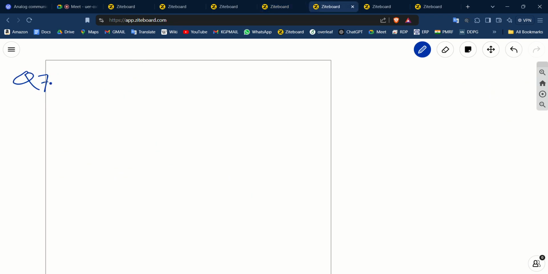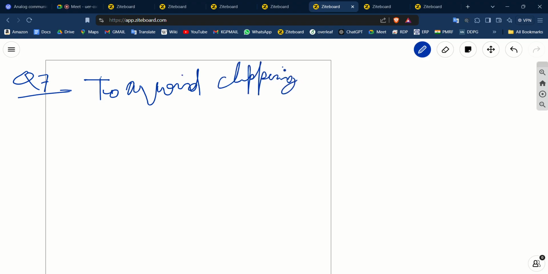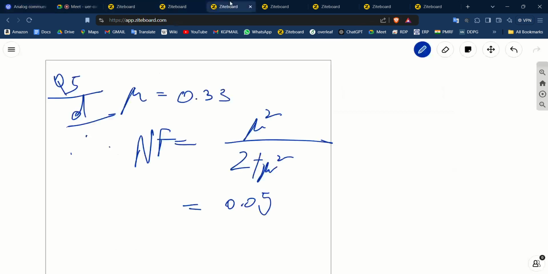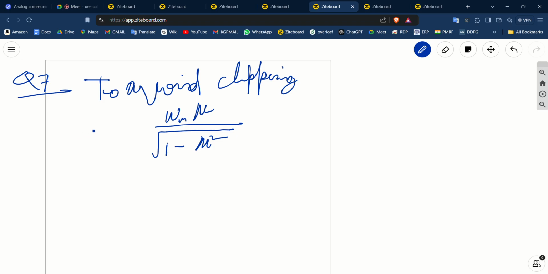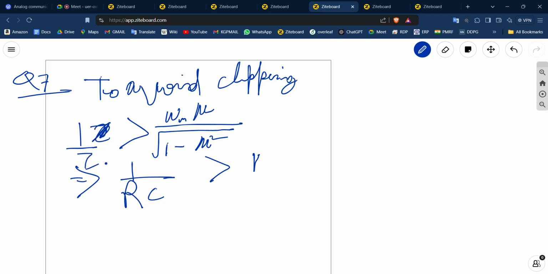To avoid clipping, 1 by tau should be greater than omega_m mu by root 1 minus mu square, where tau is RC. So 1 by RC should be greater than omega_m times mu by root 1 minus mu square.